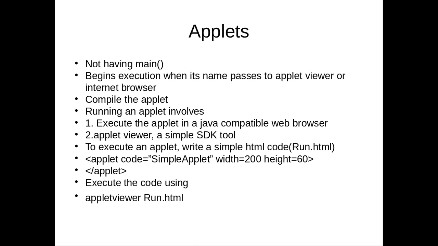Here you have to create HTML code, which I have created as run.html, and in that you have an applet tag. As you know, every tag has a concluding tag also. Here the applet tag starts with code equal to SimpleApplet. That means you have created SimpleApplet.class, and now we are going to create a window with width equal to 200 pixels and height equal to 60 pixels, and close the applet.